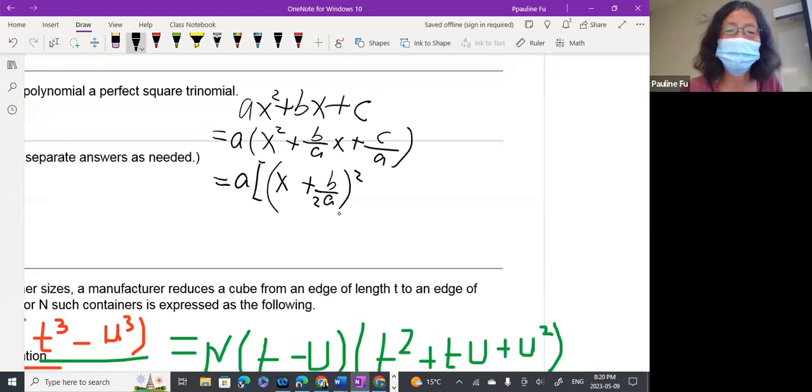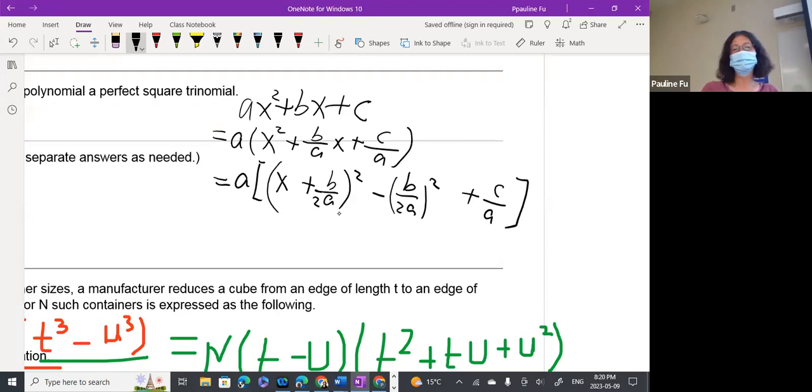If I expand this, it is like x squared plus 2x, then minus this square. Copy down c minus a. It still holds true. If you backward expand this square, you get this part here.